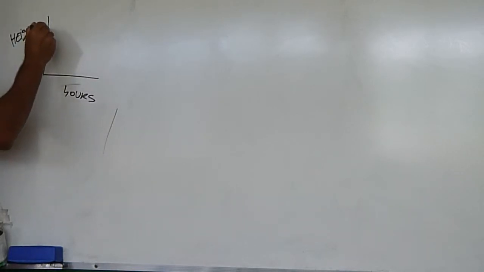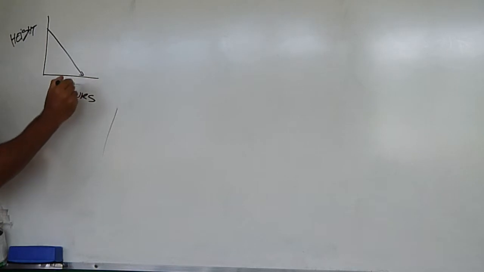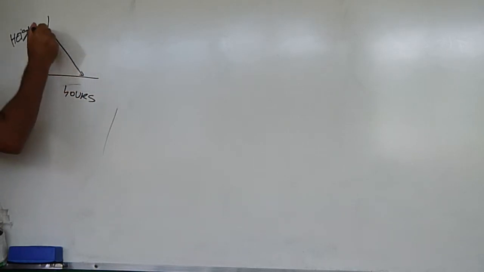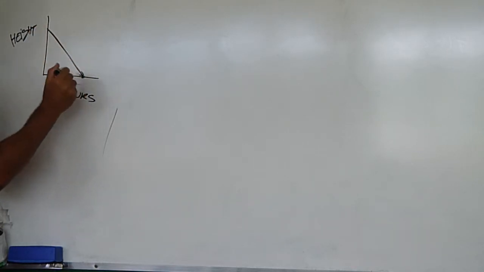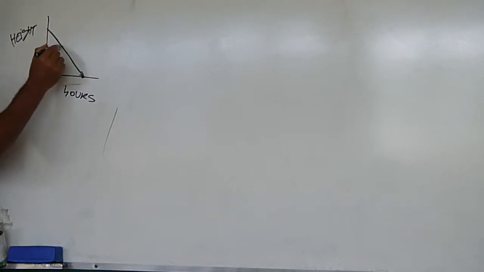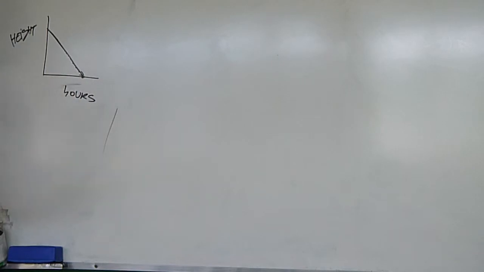And then it's going like this. So this is the graph. Do you think this represents reasonable values? When we have a line, it means every single point on this line counts for something. Do you think this is a reasonable graph?